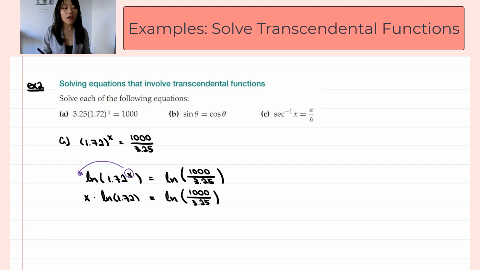And since I have the ln function on my calculator, I can simply divide both sides by ln of 1.72. So I get x equals ln of 1000 divided by 3.25, divided by ln of 1.72.